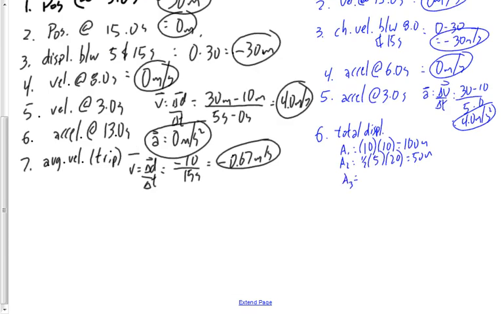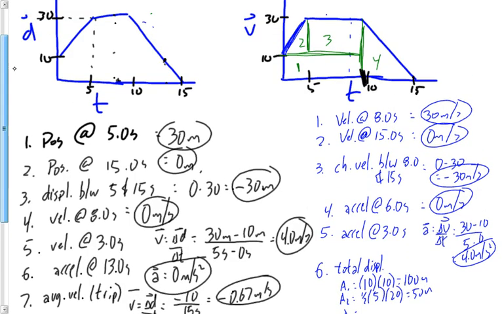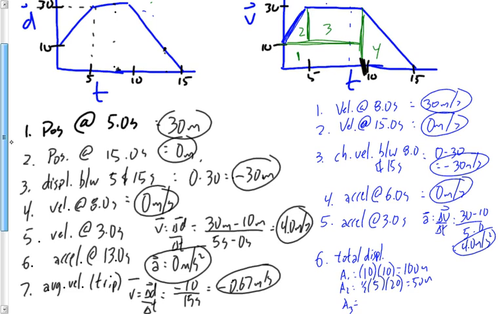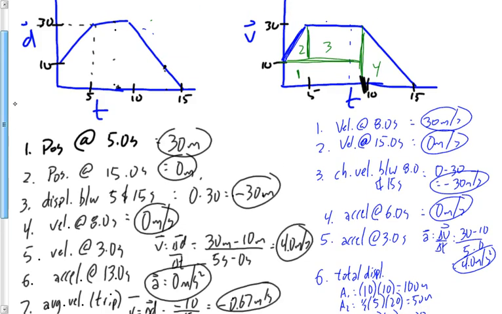The third one, we're going from 5 to 10 for the base. So that's a base of 5. The height is 20 again. That's going to give me 100 meters. And the area of the fourth one is a triangle with a base of 5 and a height of 30.